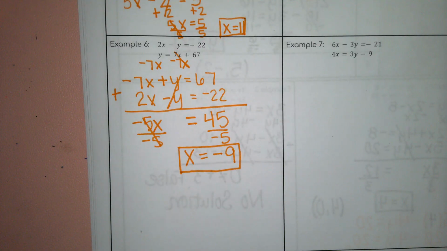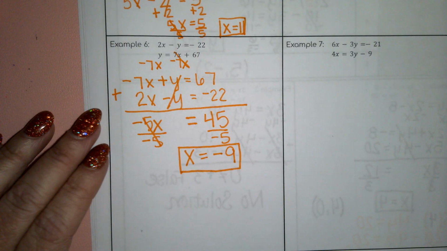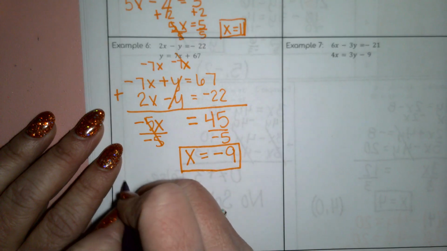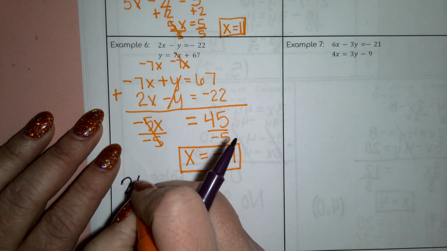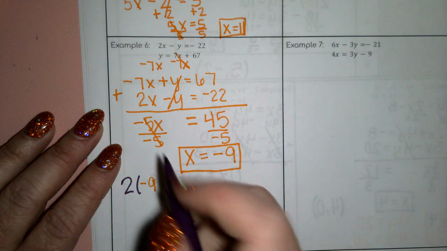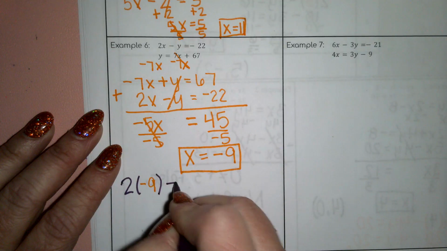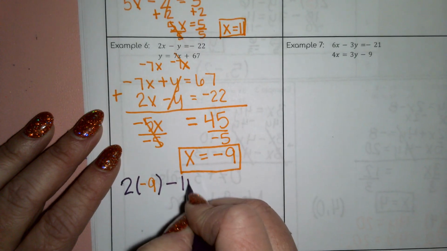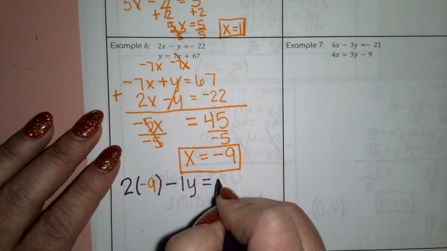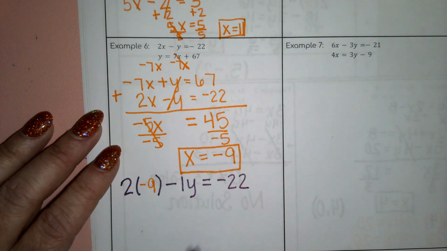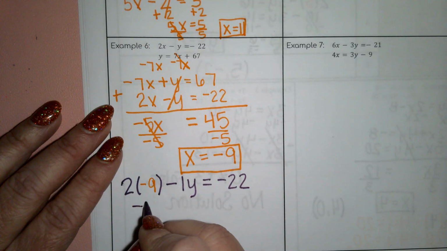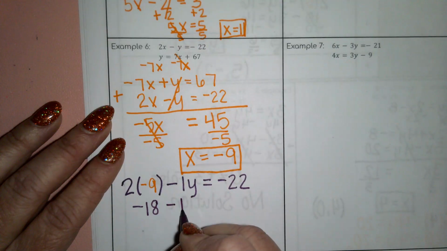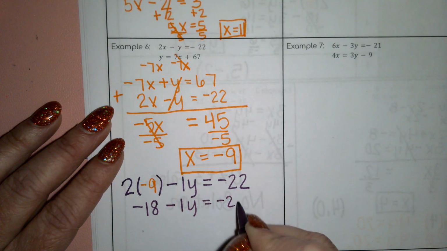And then we're going to plug it into that top equation because we haven't rearranged it yet. So when we plug it into that top equation, we've got 2x, and we know x is negative 9, minus 1y equals negative 22. Okay, so 2 times negative 9 is negative 18. Minus 1y equals negative 22.